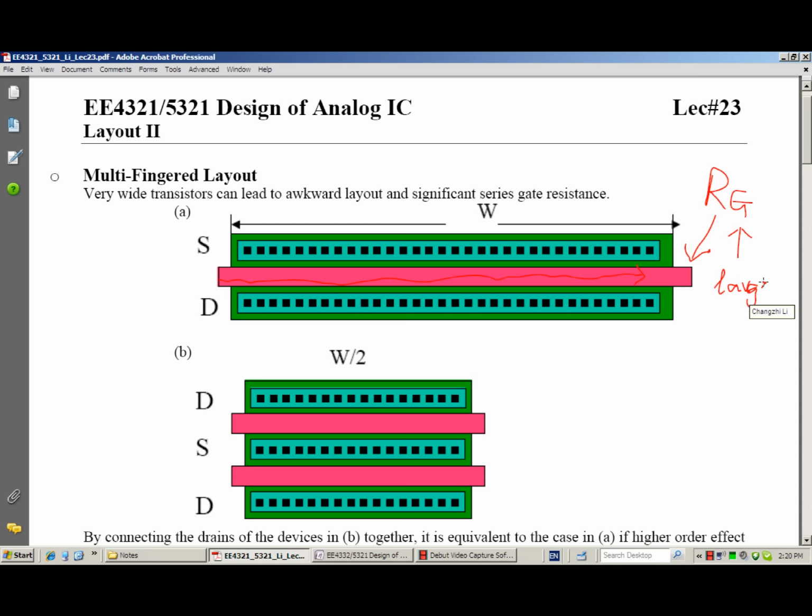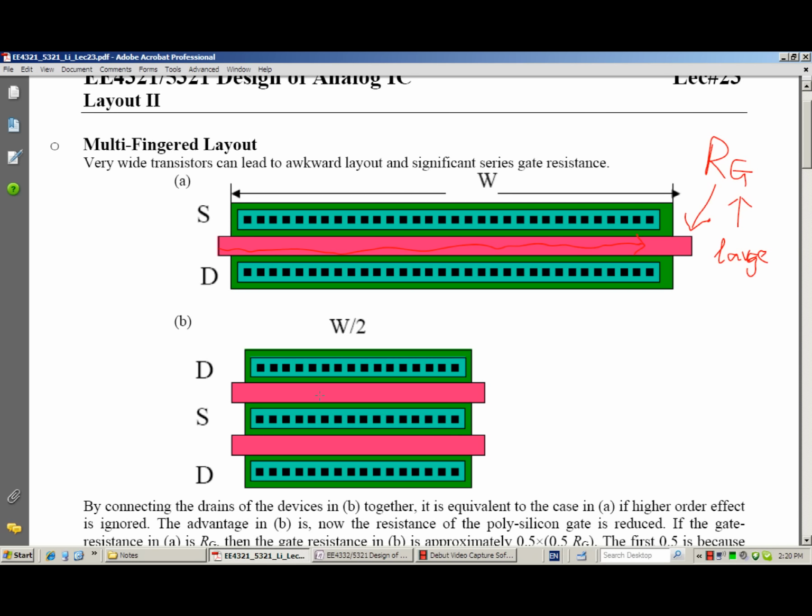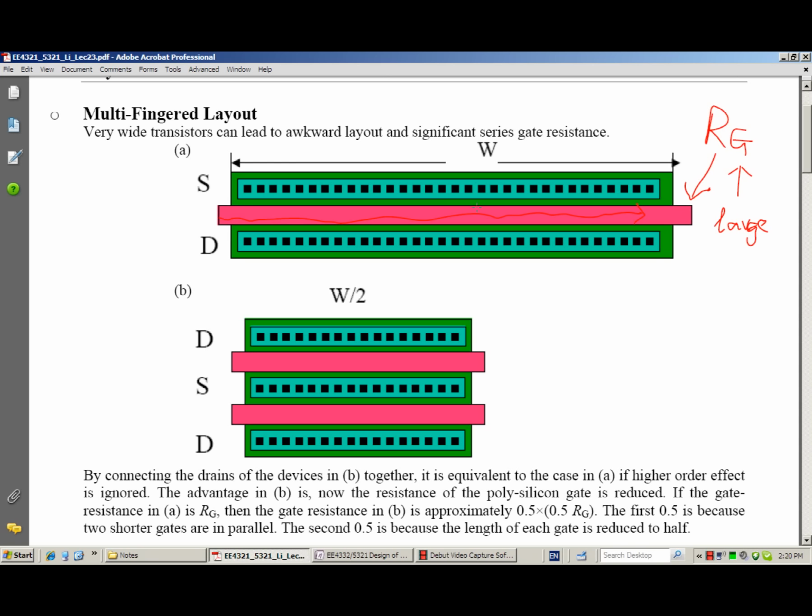An alternative way to lay out the transistor is to use multi-finger layout. Here on plot B, we divided the transistor into two transistors put in parallel. In this case, we have two drains and one source, because the two transistors in parallel share the source. Now each transistor has a gate resistance of Rg over 2, because the length is reduced to half.